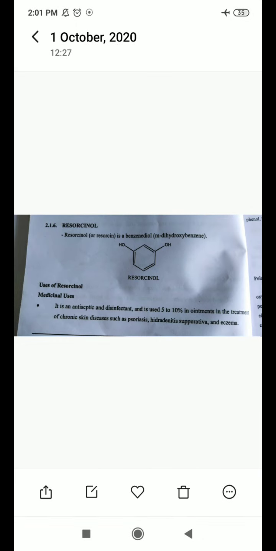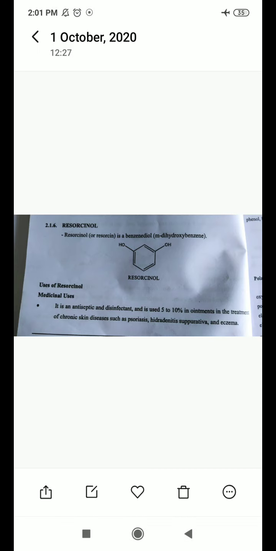But what is the concentration? We can use this 5 to 10% concentration in ointments. You might have prepared ointments, lotions, etc. So we can prepare 5 to 10% of resorcinol in the formulation of an ointment. And in which treatment can it be used? It can be used in chronic skin diseases, which are psoriasis, hidradenitis suppurativa, and eczema.